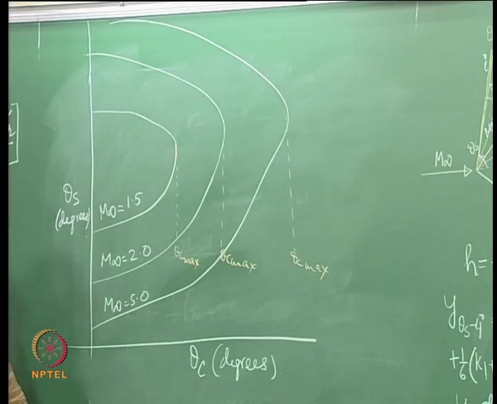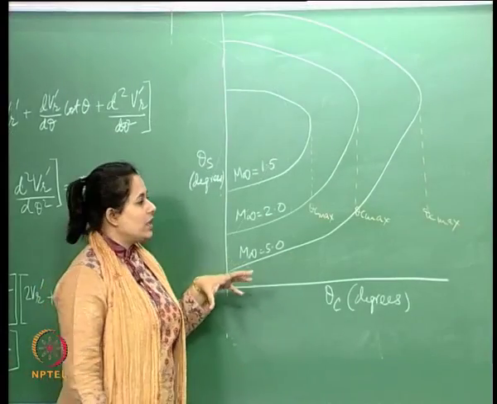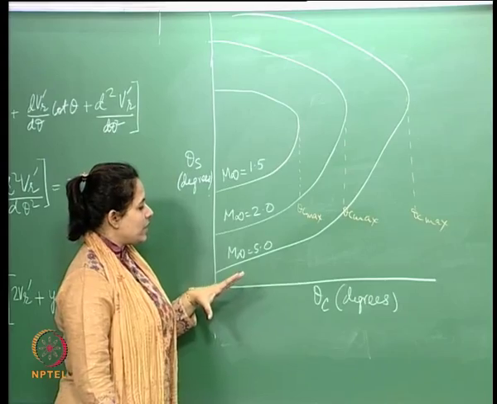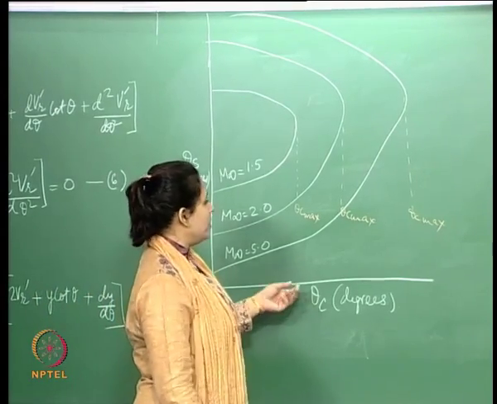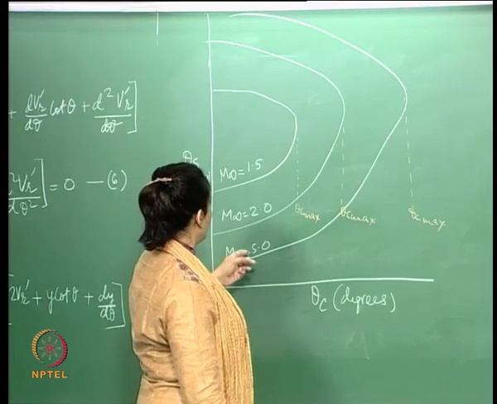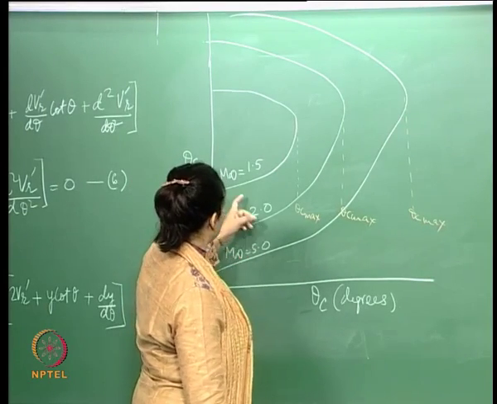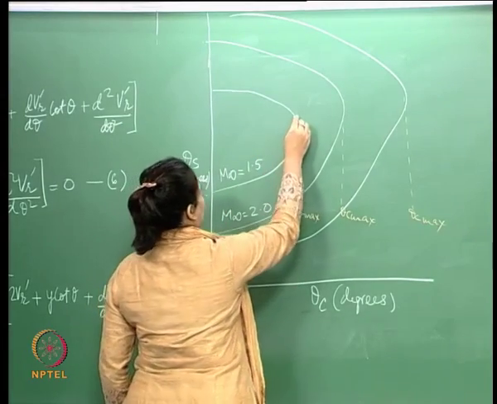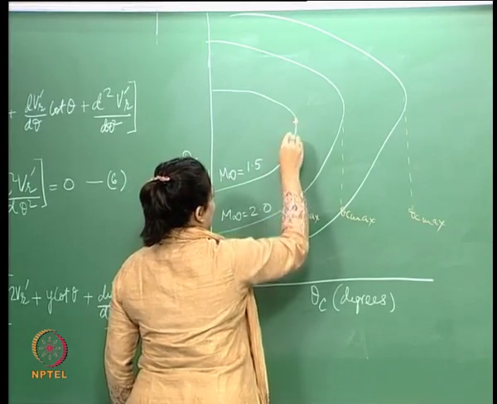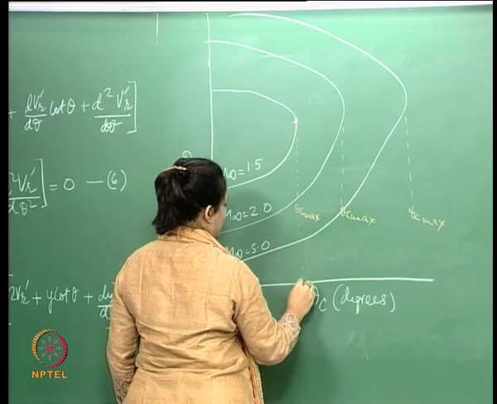Okay. And again, from the numerical solution, if you solve that, you will see that if your theta c, or the half cone angle, is say for Mach 1.5, this is the corresponding theta c max. This is the theta c max.